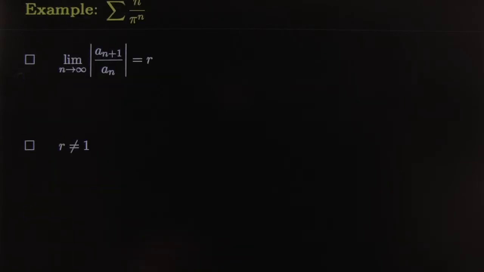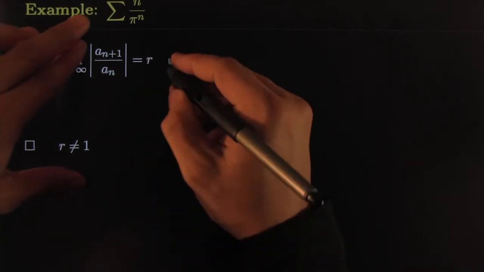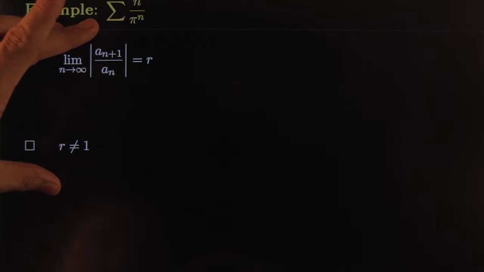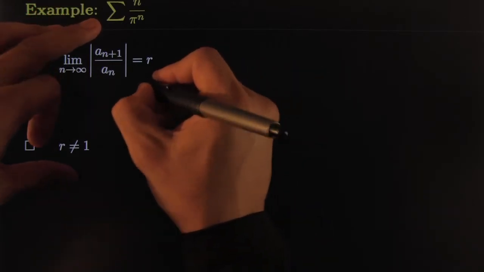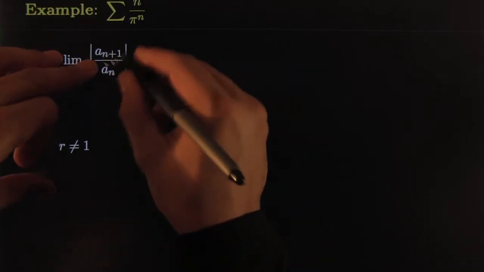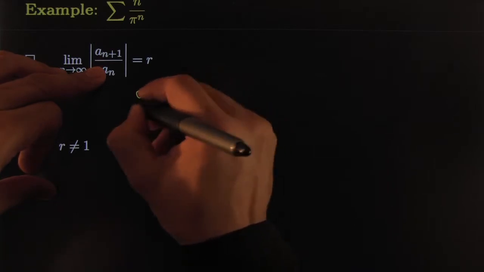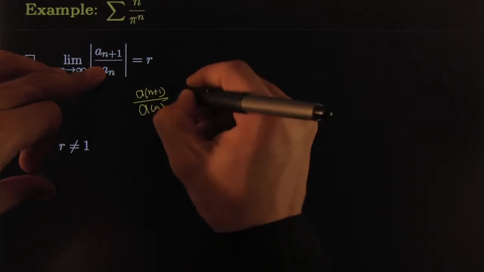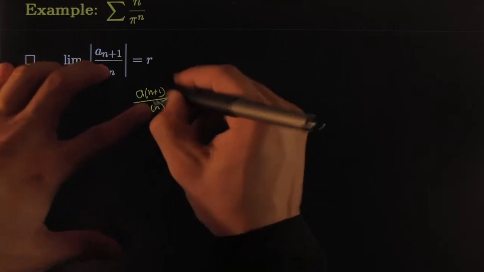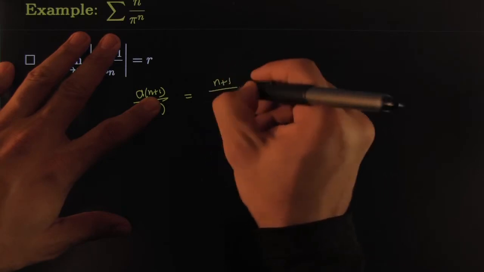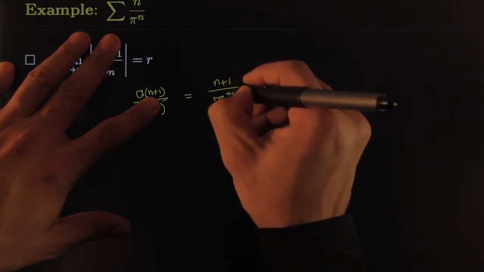Let's just actually do an example. We're going to try to figure both of these things out and see how it goes. Let's go with yellow. Alright, so I'm going to take the n plus 1 term. I need a n plus 1 divided by a n. So that means wherever I see n, I plug in n plus 1. So it'll be n plus 1 divided by pi to the n plus 1.